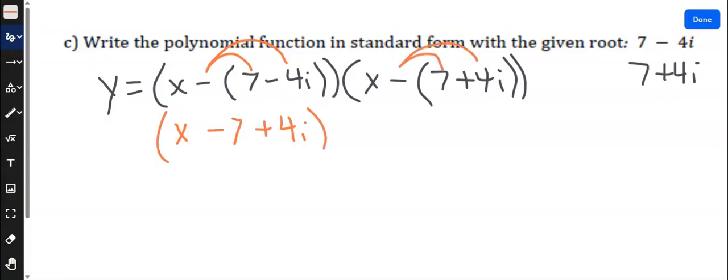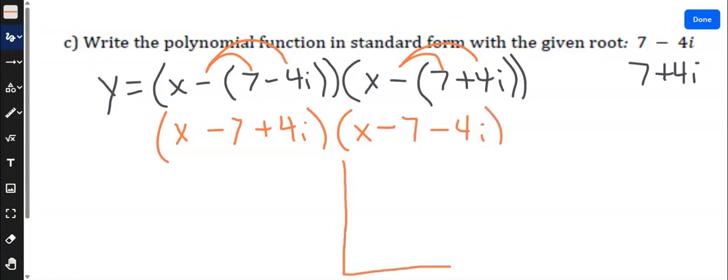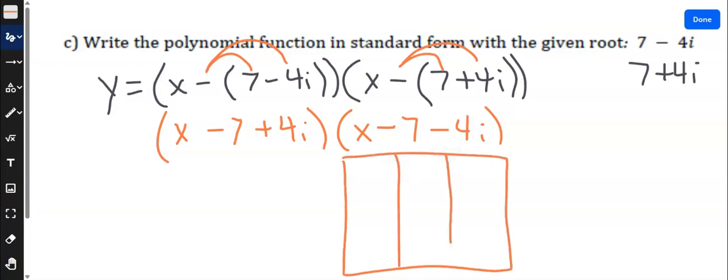Distribute the negative, x minus 7 minus 4i. Then write the other one down the side, x minus 7 plus 4i.